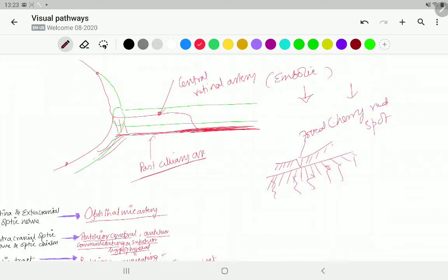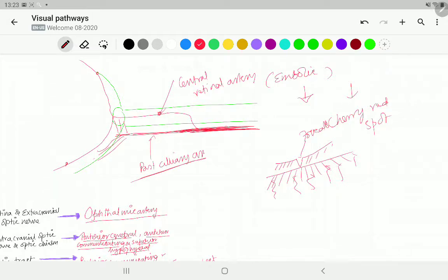So if a patient presents with a central retinal artery occlusion, we should investigate them for the embolic source, like we do for a brain stroke. So CT scan, carotid Doppler, CT angio, to rule out AF, and all the risk factors we look for in stroke will apply here.